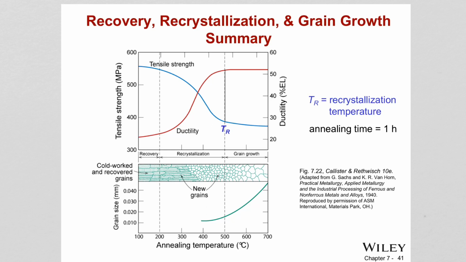This is showing you the structure of grains, how they change throughout the annealing process. We have cold worked grains here, elongated like this, and then in recrystallization, when we are at the recrystallization temperature, new grains start to form.